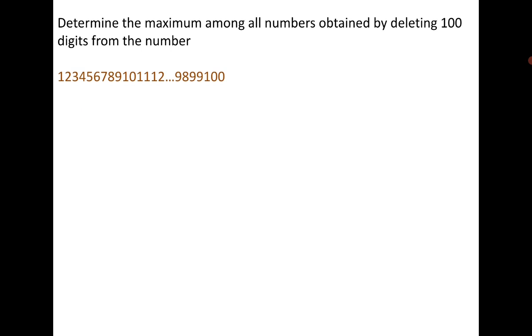Now let's see how we approach this problem. To approach it, let's quickly compute the number of digits it has. There are 9 single digits, then 90 two-digit numbers and 1 three-digit number, so in total 192 digits. But a more important observation here is that when you are computing the maximum, the number must start with 9.